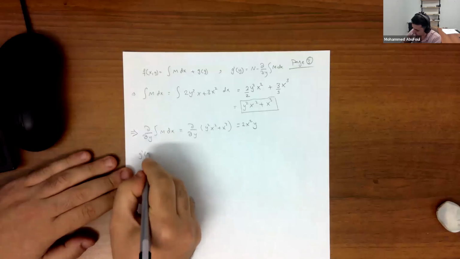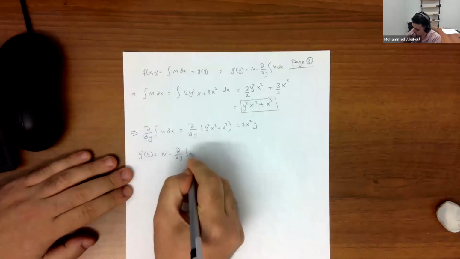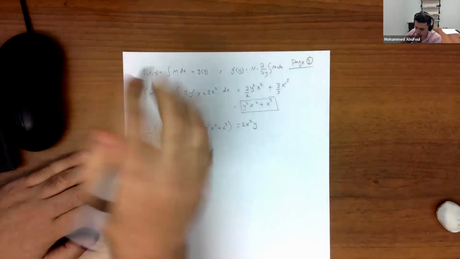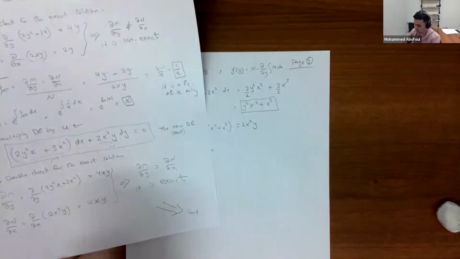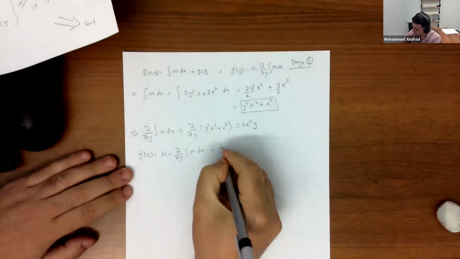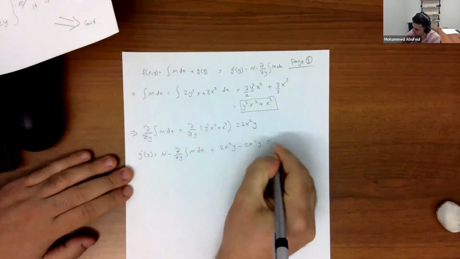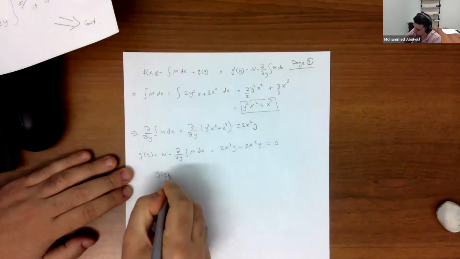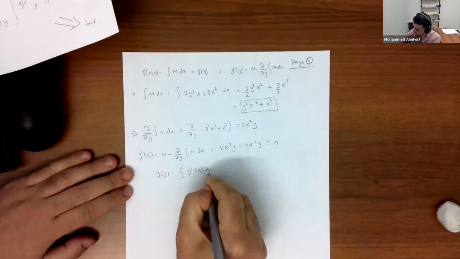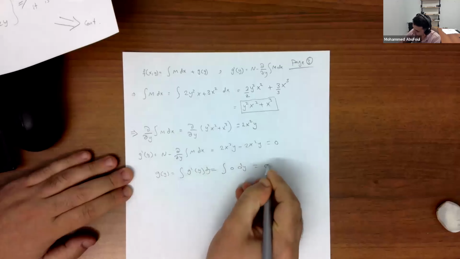So g prime y is equal to N minus this. N is 2x squared y, so 2x squared y minus 2x squared y equals 0. So g(y) is the integral of 0 dy, which is 0.